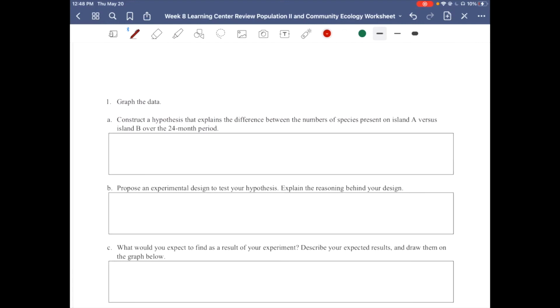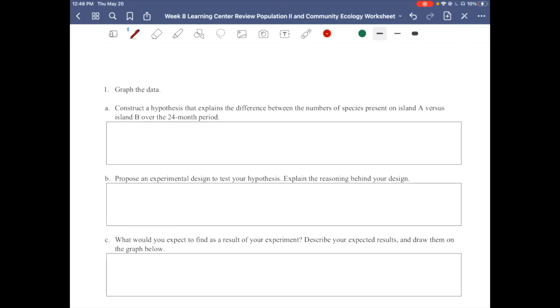One thing that came to my mind was, because there is a drastic change on island B where the snake was taken, we can hypothesize that the snake was acting as a keystone species on both islands.